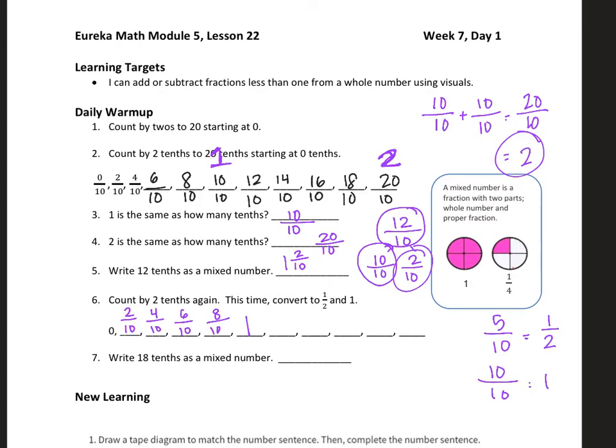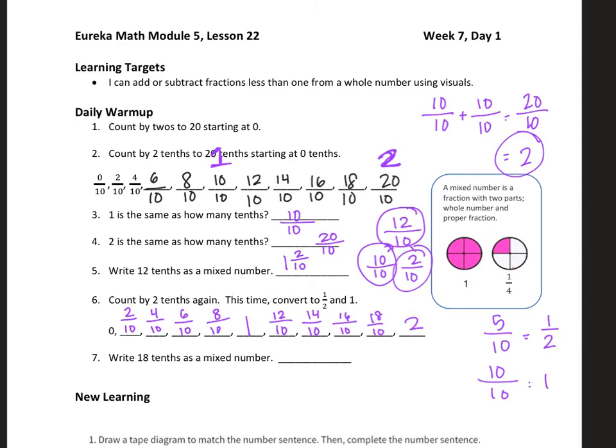Then we have 12 tenths, then 14 tenths, 16 tenths, 18 tenths, and you can write 20 tenths or you can write 2.